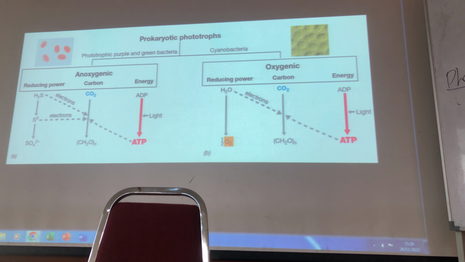Do you know the other names of purple sulfur and green sulfur? Purple sulfur is Chromatium and green sulfur is Chlorobium. I think I put it inside the slide, but this slide is actually much more complicated. I hid most of it so that we cover only the fundamental part.